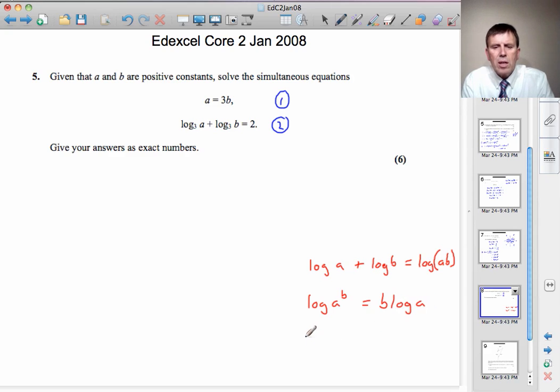And finally, if y is equal to log x to some base a, then we can say that x is a to the power y. That means the same as y equals log x.